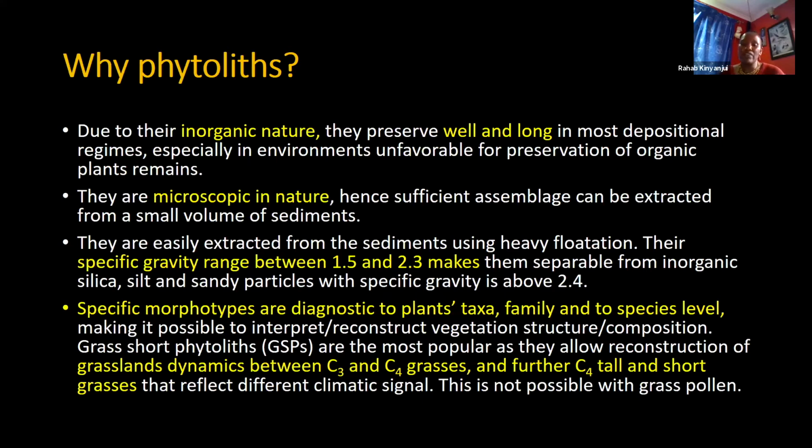Most of the vegetation and environmental reconstructions we do are trying to explain how humans evolved and what drove the evolution of humans and other mammals. Mostly it's because of the environment they were living in, or climatic change and things like that.